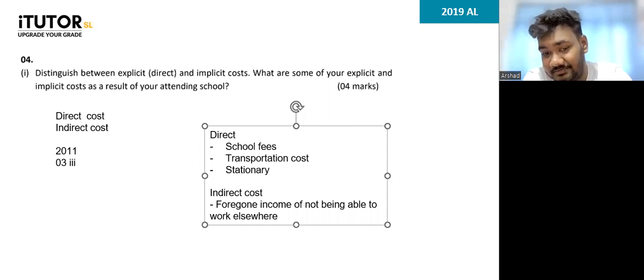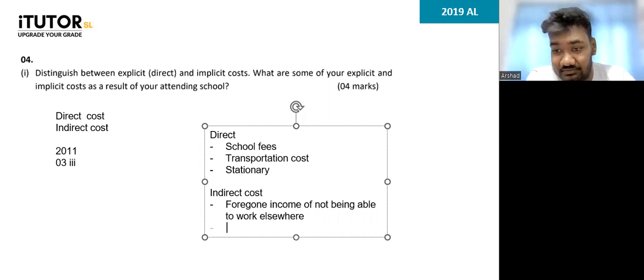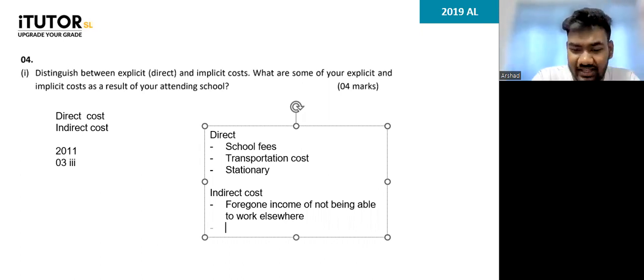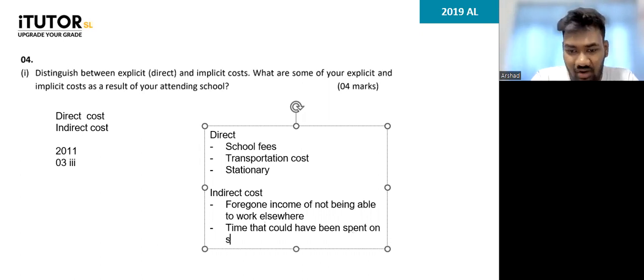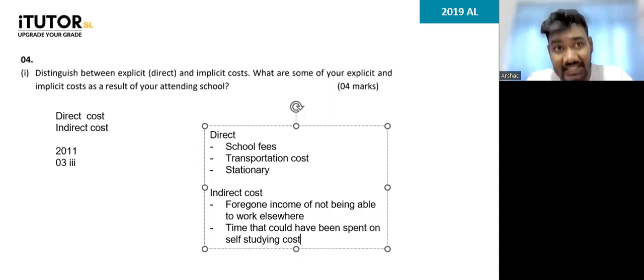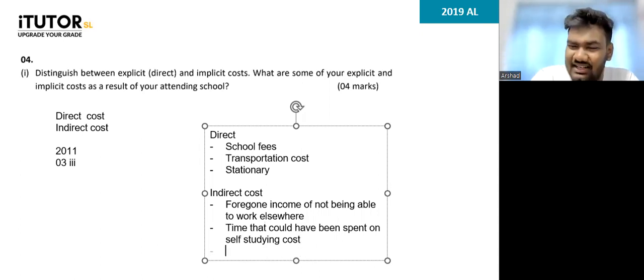What else? Maybe you can give the time that could have been spent on self-study. No problem at all, it can be an indirect cost. So that's also opportunity cost. Your time, you could have done something else. Maybe you could have done self-study. Anything else?